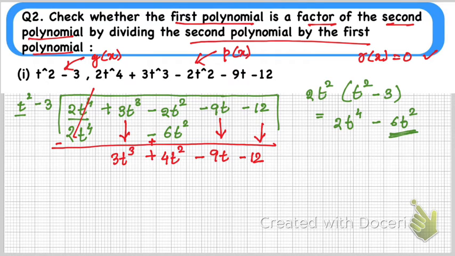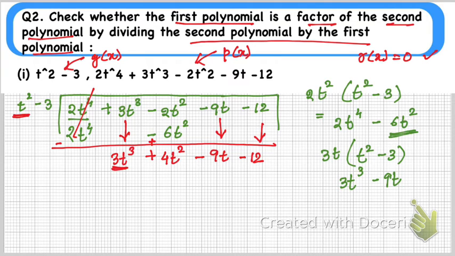Now here again we have t square and here we have 3t cube. So multiplying this again, what will we get? We will multiply t square with 3t to get 3t cube, so we will get 3t cube minus 9t. Here we forgot to write the quotient.